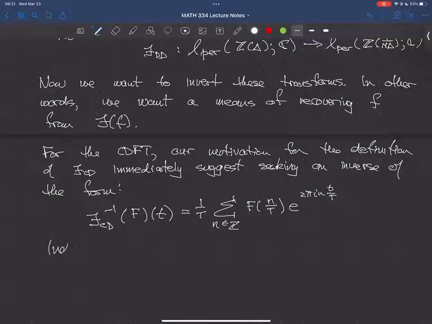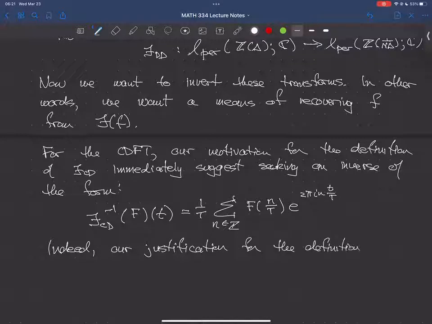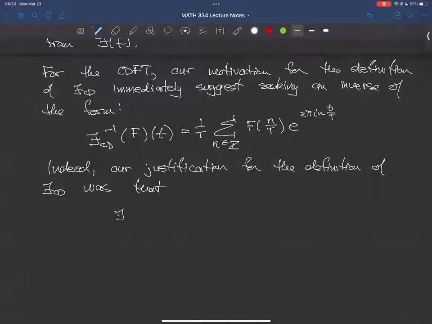So indeed, just to kind of close the loop on this discussion, our justification for the definition of F_CD was that F_CD inverse of F_CD of f was equal to f, right?